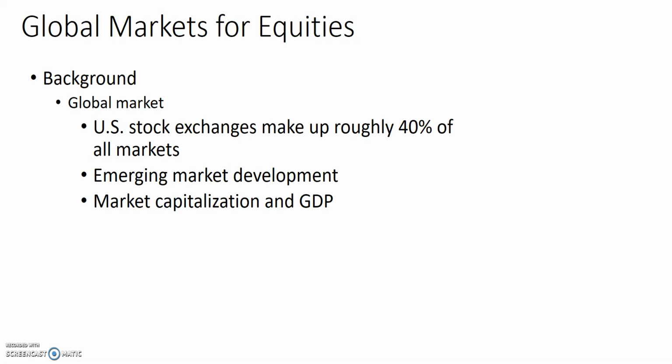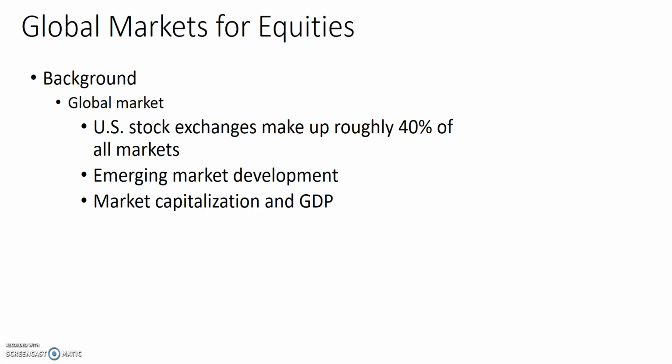Even though this may seem like a large number, it's important to keep in mind that when making global investment decisions, although this is a large number, it is still less than half. So there is an additional 60% that must be accounted for, and this is due in large part to emerging market development.